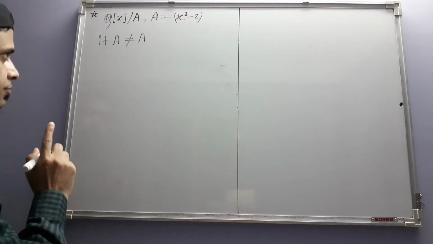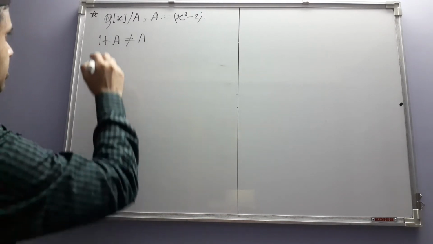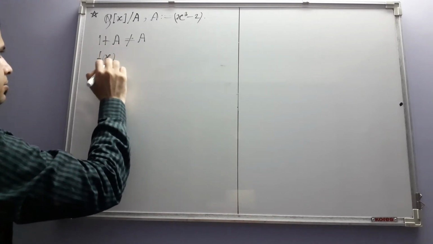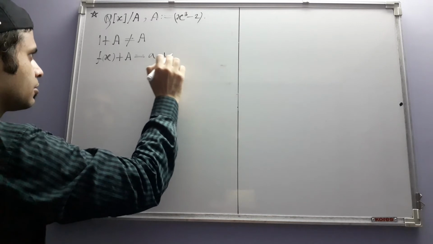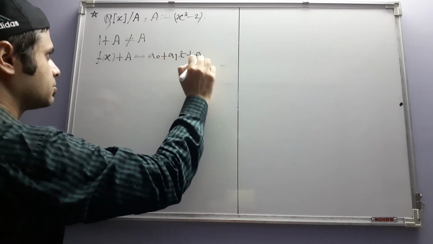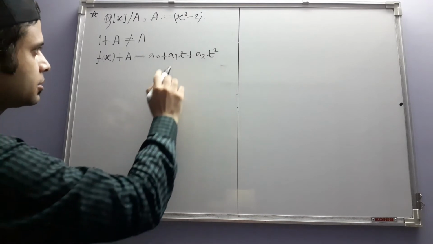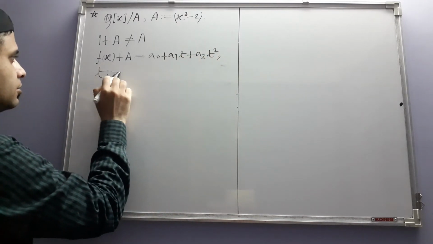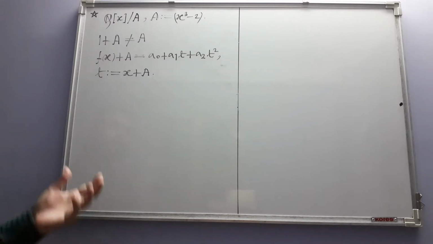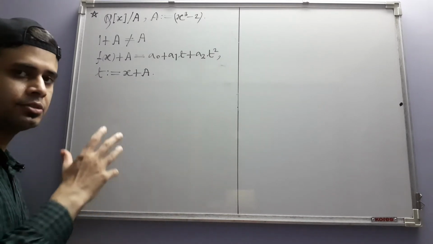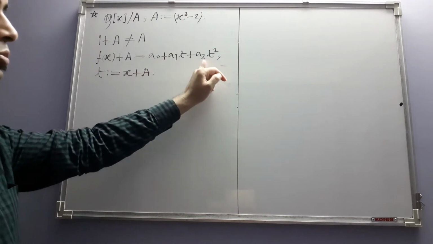Okay, now in that direction we are going to use something which we have already seen, which we have already found out, namely that any element in this quotient ring can be expressed in this form: a0 plus a1t plus a2t square, where a0, a1, a2 are rational numbers, and where t is the coset x plus A. Now it is very easy to lose track of what is going on here and merely think of this as a polynomial in t.